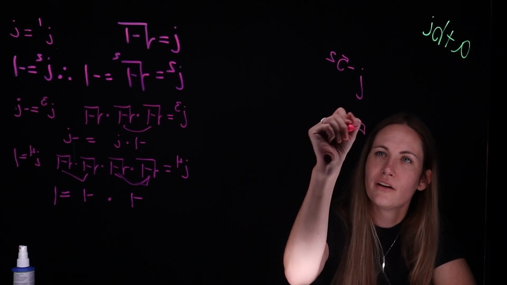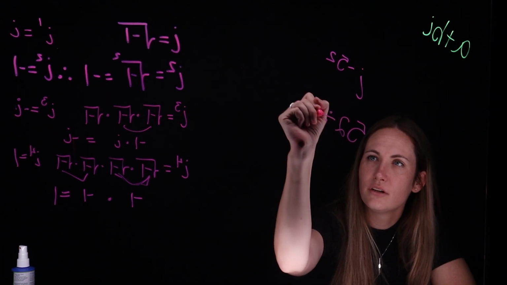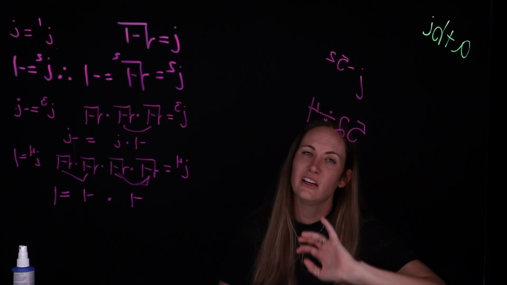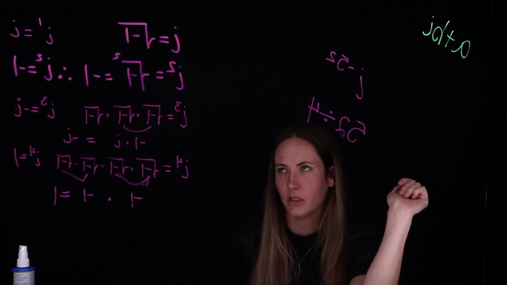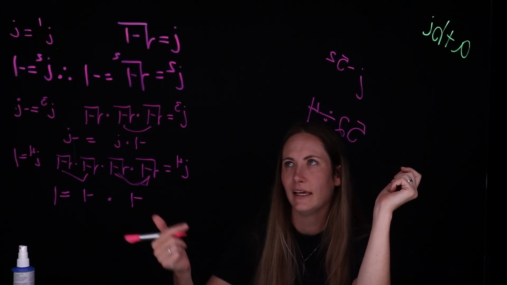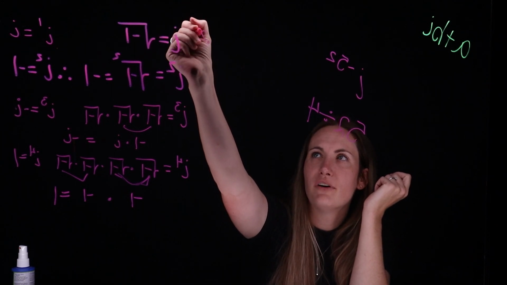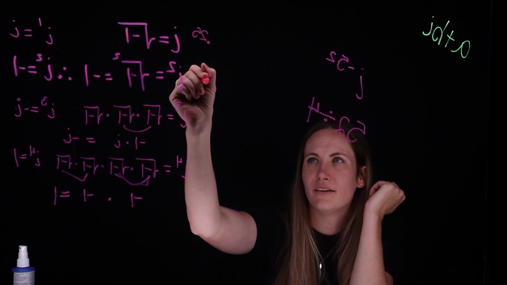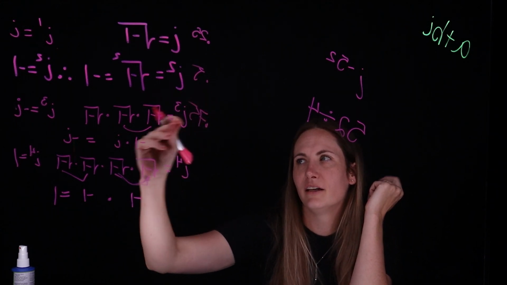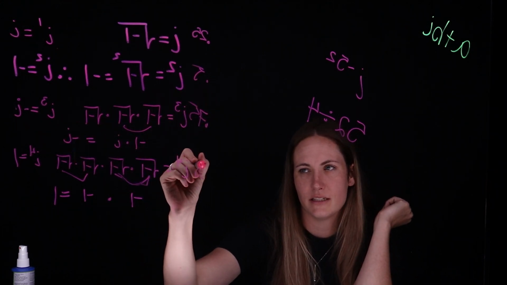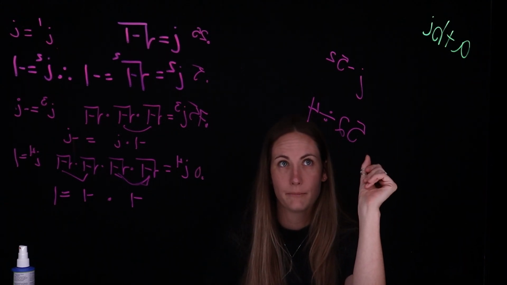So I'm going to do 52 divided by 4. If 4 goes into it perfectly evenly, the answer is 1. If I get 0.25, it'd be i. If I get 0.5, it's negative 1. 0.75 is negative i, and this one is 1 because 4 goes into it evenly.